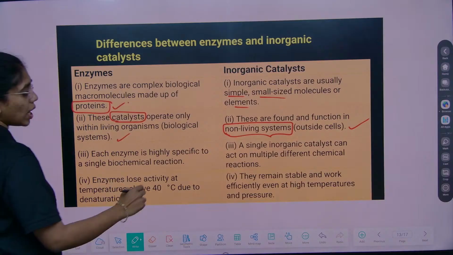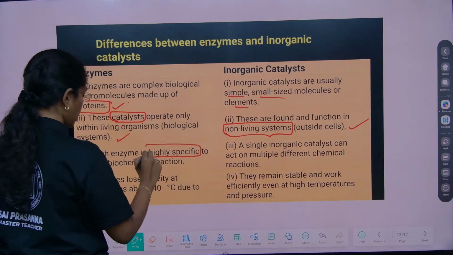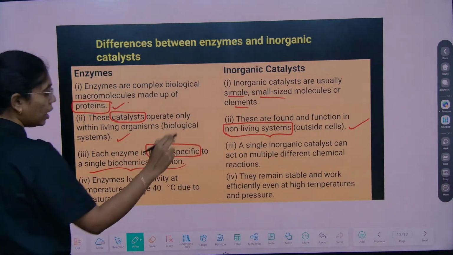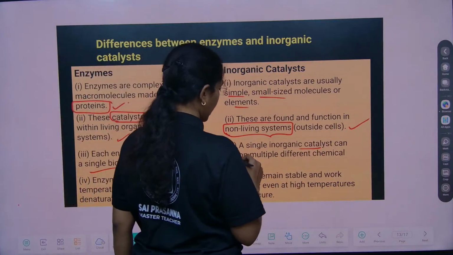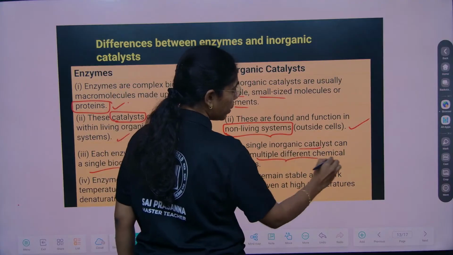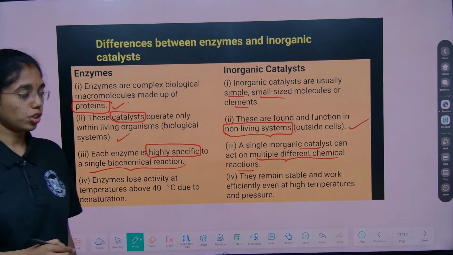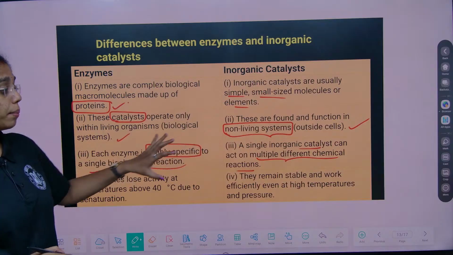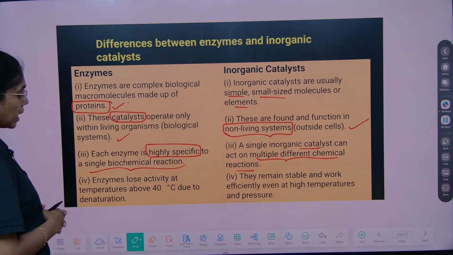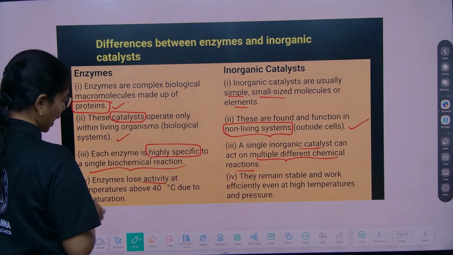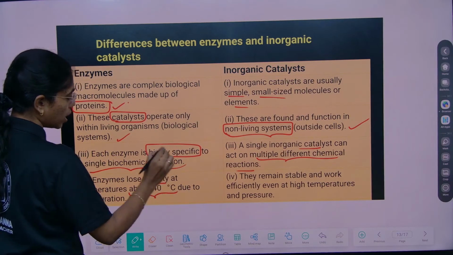Third, each enzyme is highly specific to a single biochemical reaction. A single inorganic catalyst can act on multiple different chemical reactions. There is no specificity there, but here every reaction is highly specific. Next, enzymes lose activity at temperatures above 40 degrees Celsius.